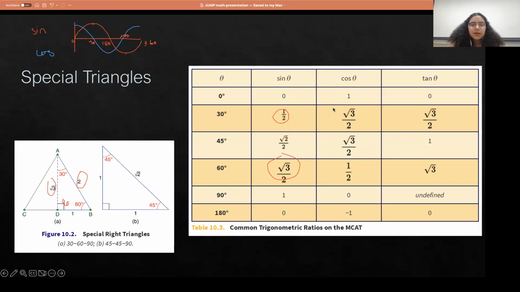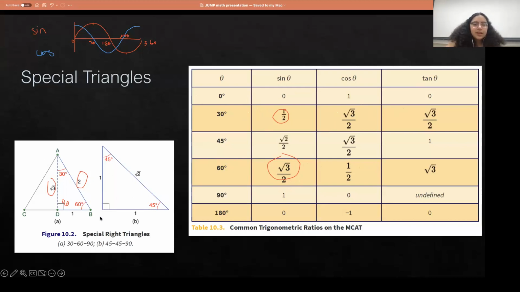One's going to be half, the other one's going to be √3 over 2. And one mnemonic that sticks in my head is 6 is greater, sine is greater, I guess because of the s's. So for 60, the sine is the one that's greater, cosine is the smaller half. So then inversely for 30, the cosine is actually the larger one and half is the sine. That might help. Drawing the triangle will also always work.